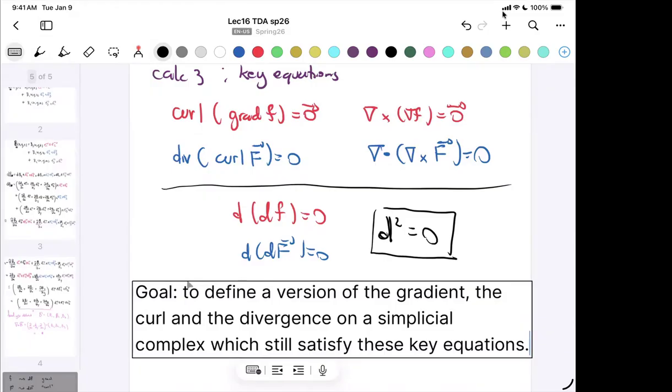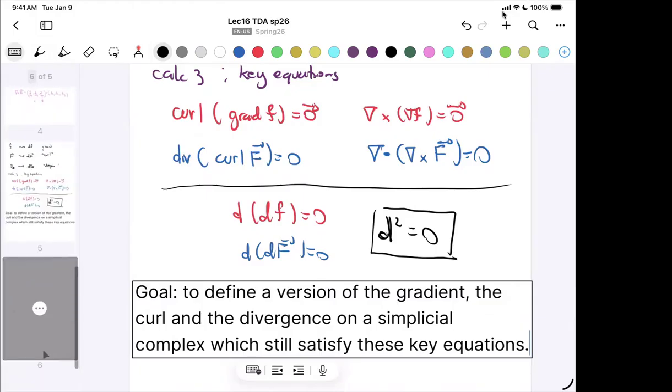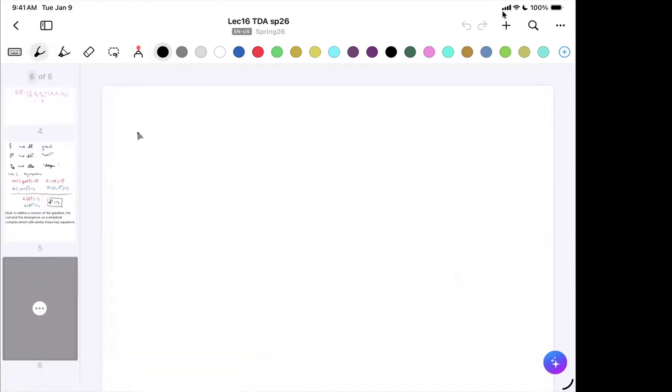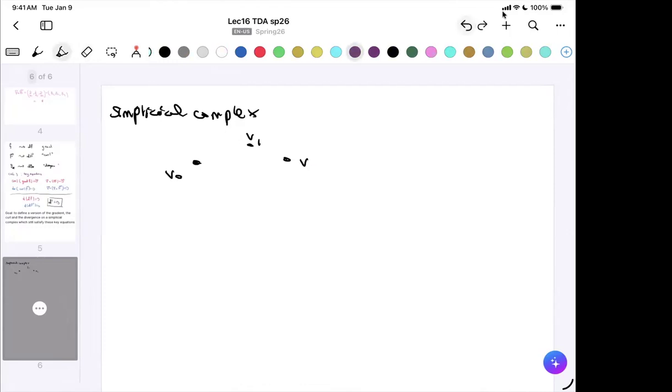And again, just to draw some pictures of what a simplicial complex was like, a very simple example of a simplicial complex is something like this, where maybe you had three vertices, which I'll call V0, V1, V2, and a fourth vertex, which I'll call V3.